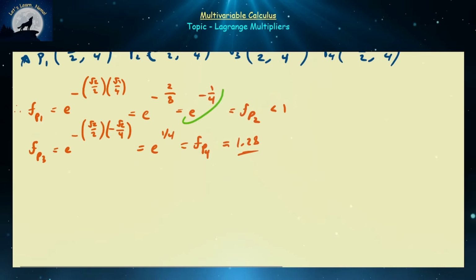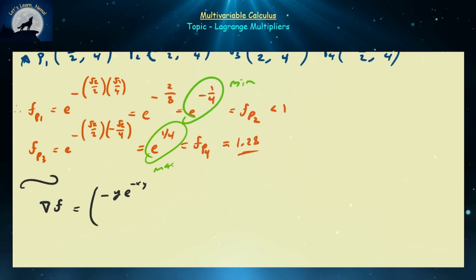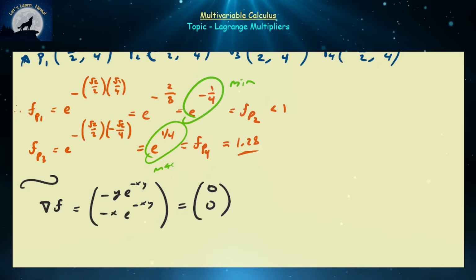So these are obviously going to be equal to minimum values, and these are obviously going to be equal to maximal values along the boundary. Now let us figure out what's going on in the interior of the domain. So the gradient of f, again, is equal to minus y e to the minus xy, and then minus x e to the minus xy. And we want to solve this when it's equal to the 0 vector.